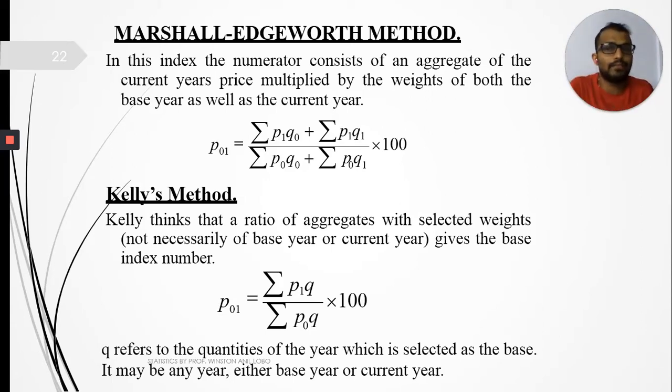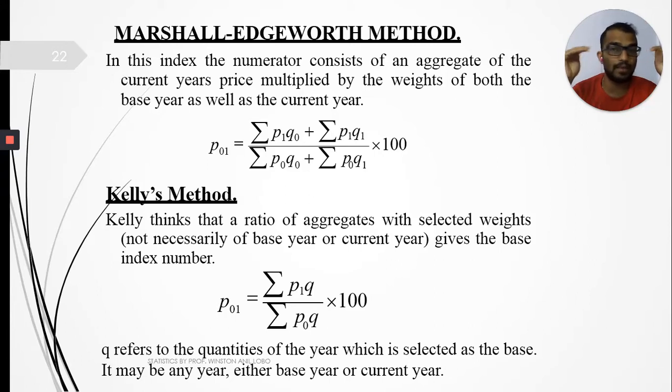Observe the formula carefully. P01 equals summation P1Q0 plus summation P1Q1 divided by summation P0Q0 plus summation P0Q1 into 100. If you see the numerator, it is nothing but the numerator of Laspeyres plus the numerator of Paasche's, divided by the denominator of Laspeyres plus the denominator of Paasche's.